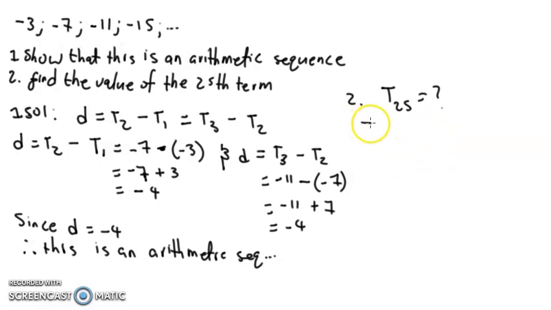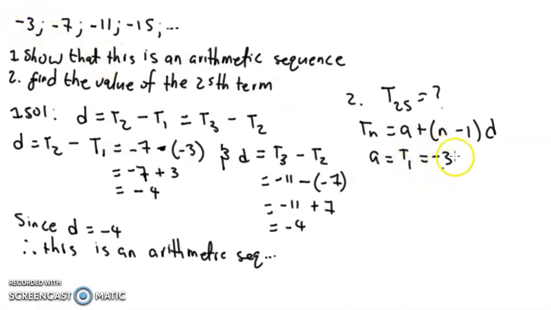So Tn in general is equal to a plus n minus 1 multiplied by d. We know that a is the first term. The first term is negative 3. And d is equal to negative 4. We've already calculated d is equal to negative 4.